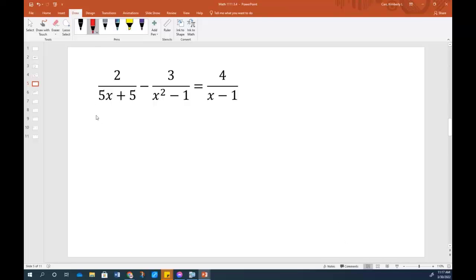This one's just got a little bit more factoring. Factor of 5 to the front. So now that one's factored. This one is x plus 1, x minus 1. And that last one doesn't factor. So I need to multiply all of these by 5 to get the 5 to cancel, an x plus 1, and an x minus 1.